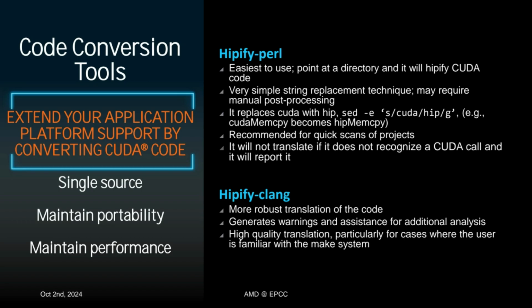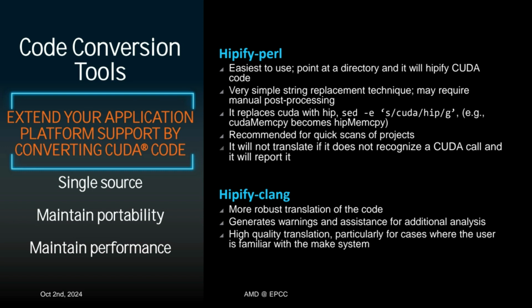On the more robust side, what we can offer is the next tool, which is Hipify Clang. As the name suggests, Hipify Clang needs the Clang compiler, and you also need to specify the same includes that you would for Clang. In terms of how to use these tools, as we said, they are located in the ROCm bin directory, and from the command line it's rather easy.